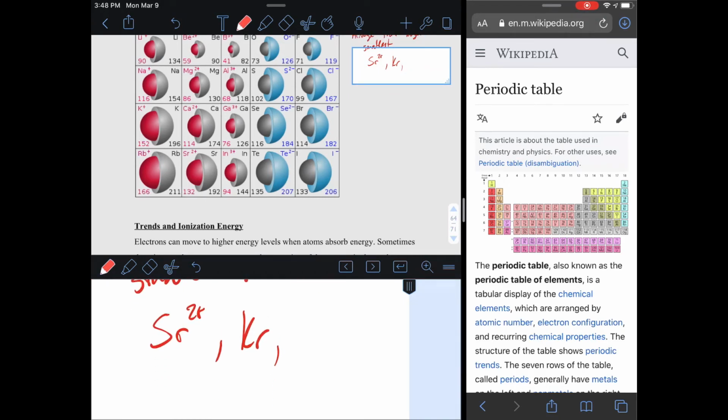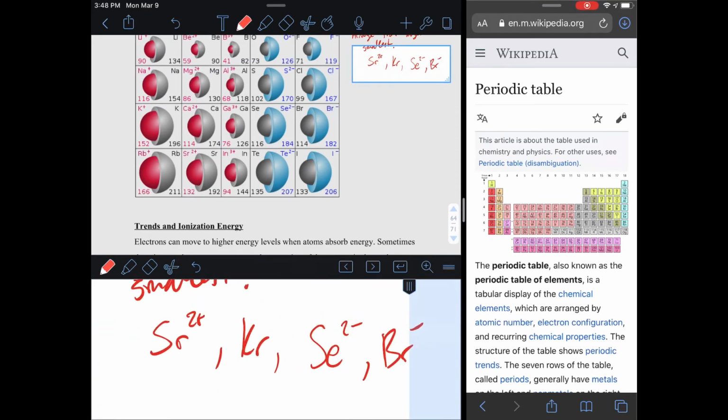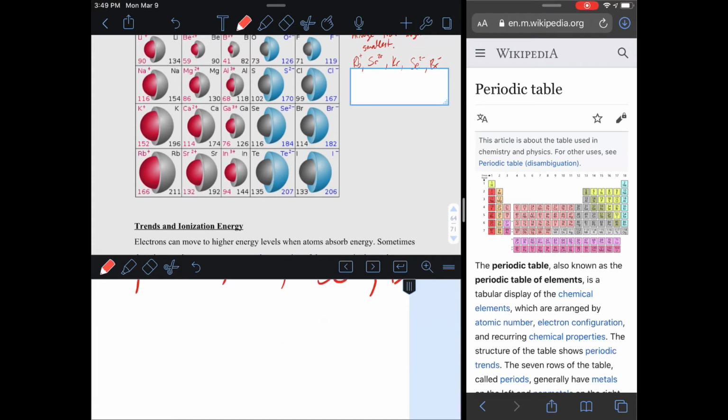So if you had strontium, krypton, let's put in selenium 2 minus, and bromine minus, and let's put in a rubidium plus, and we had to organize those from smallest to largest.